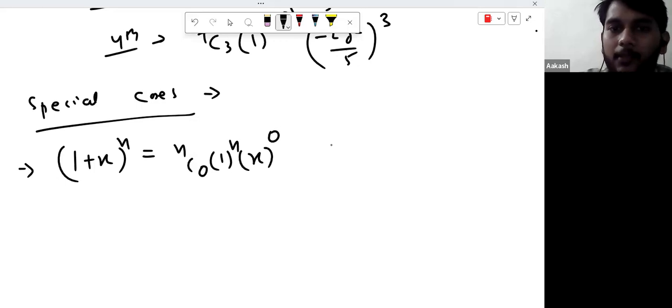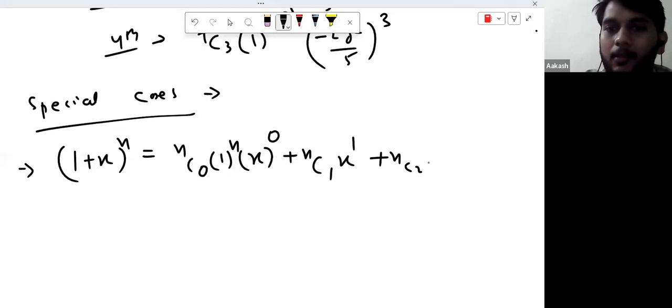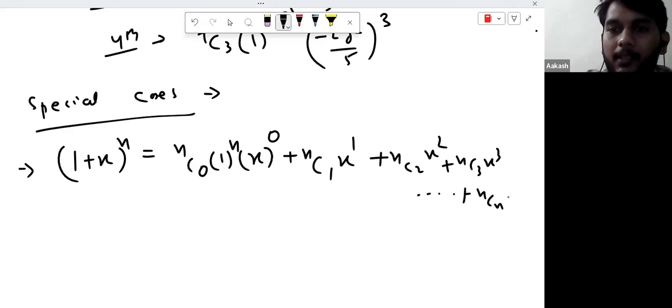And this is x to the power 0, plus nC1. Again, 1 to the power anything is not very cool to write, so I'll just skip. And nC2 x square, nC3 x cube, and so on. nCn x to the power n.